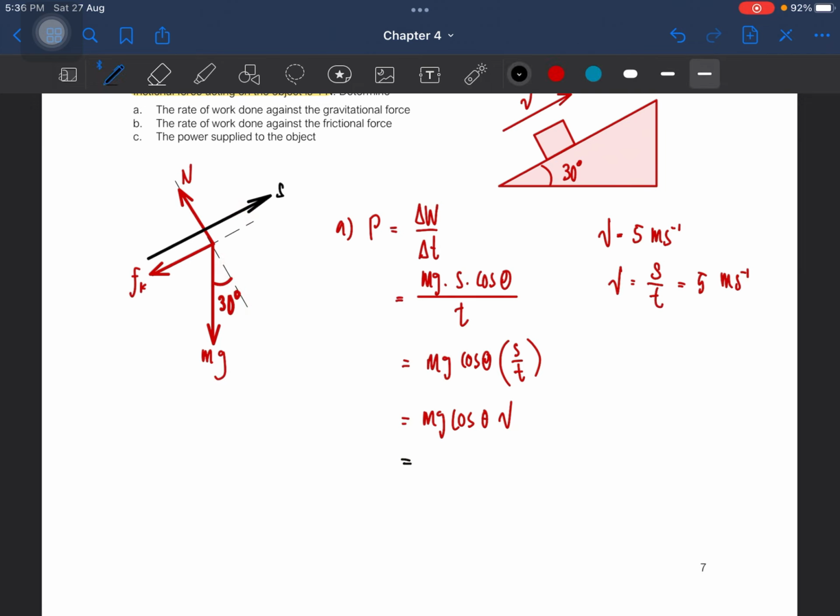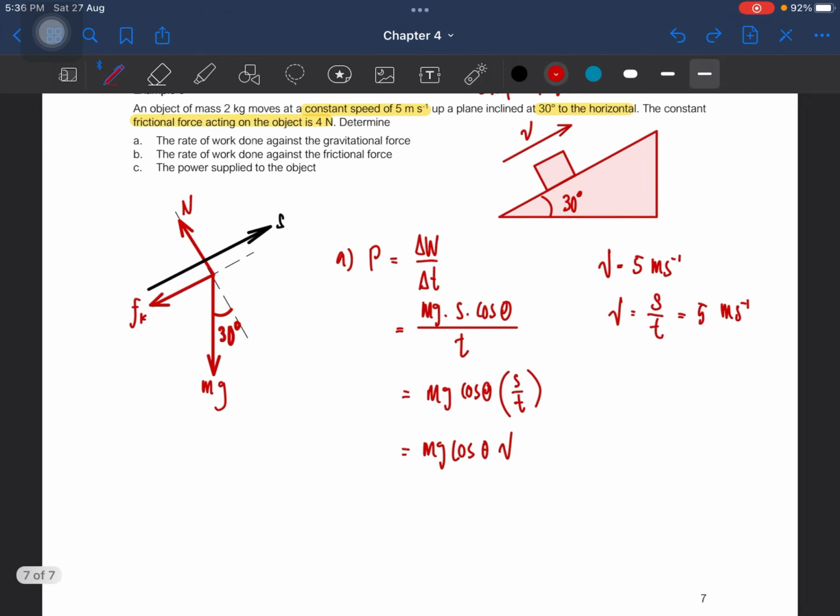So m is 2, g is 9.81, cos 120 degree, velocity is 5. So we get the power for the gravitational force to be equal to negative 49.1 watt. Okay?